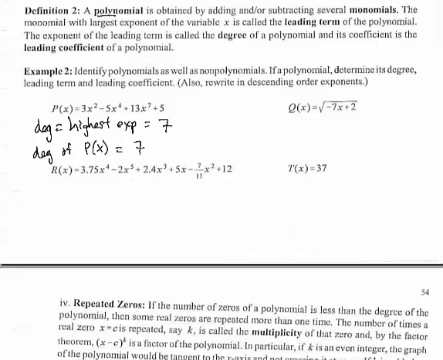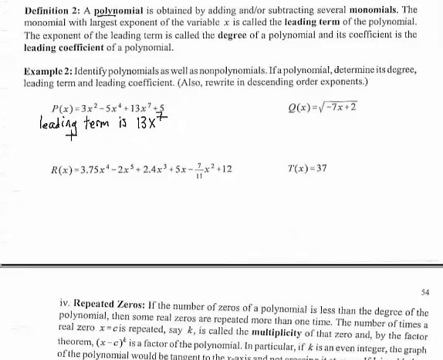What is the leading term? Well, the term that had the exponent of 7 was 13. So the leading term is 13x to the 7th.